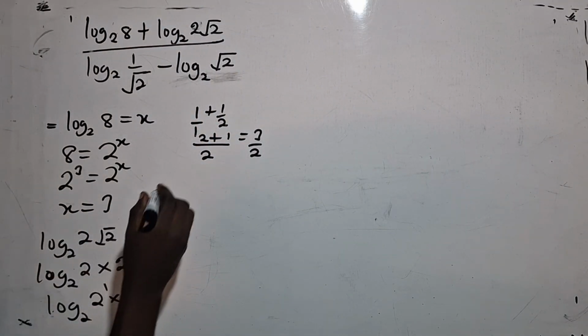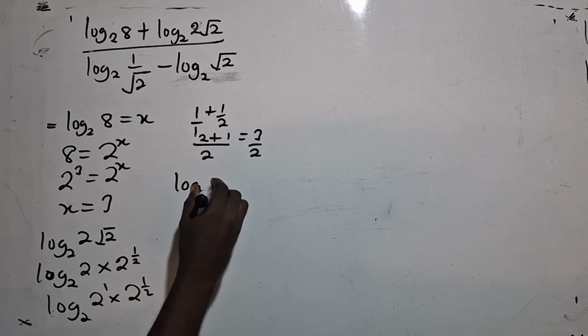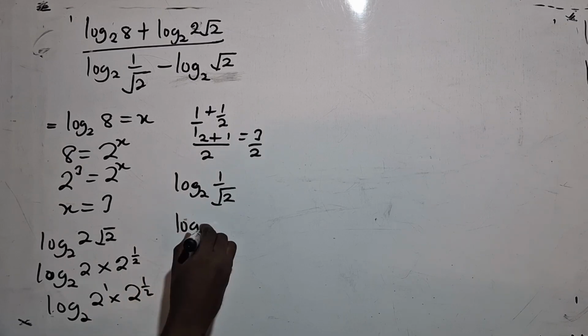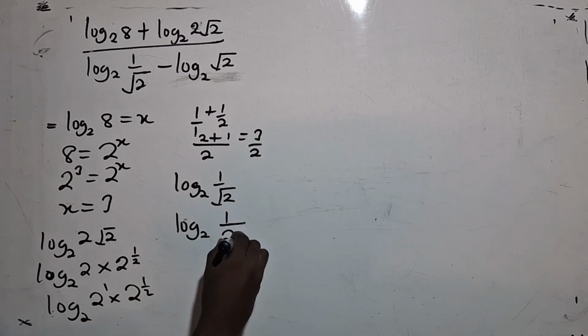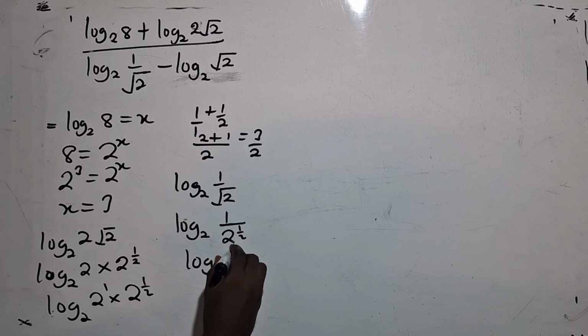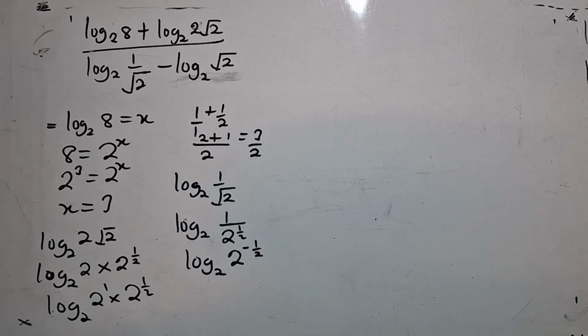Now let's break this one down. Log 2 of 1 on root 2 is the same as log root 2 of 1 on 2 to the half. So I'll have log root 2, the inverse form, so 2. Now log to the base of itself is 1. So 1 times this one will give me negative 1 on 2.